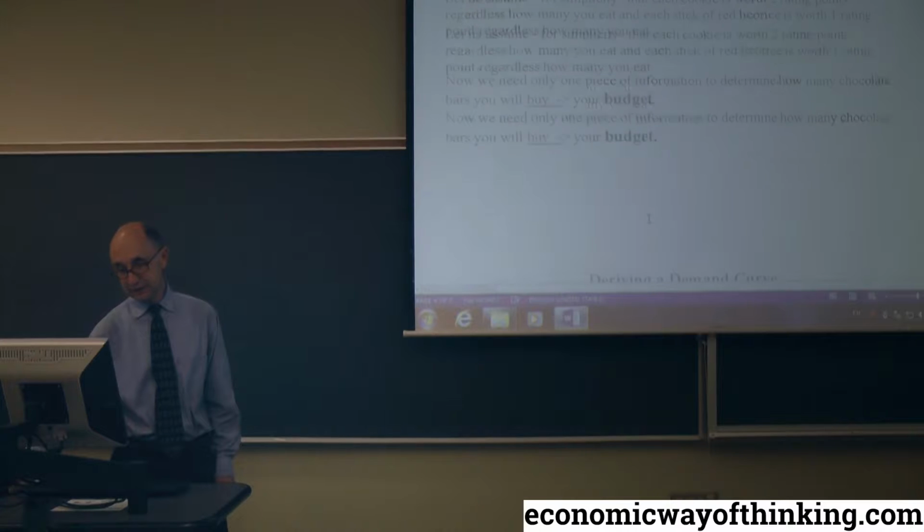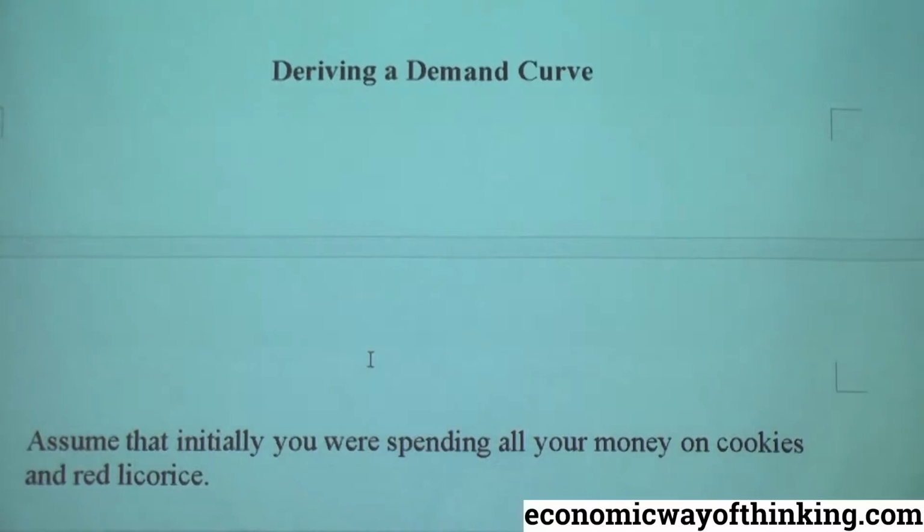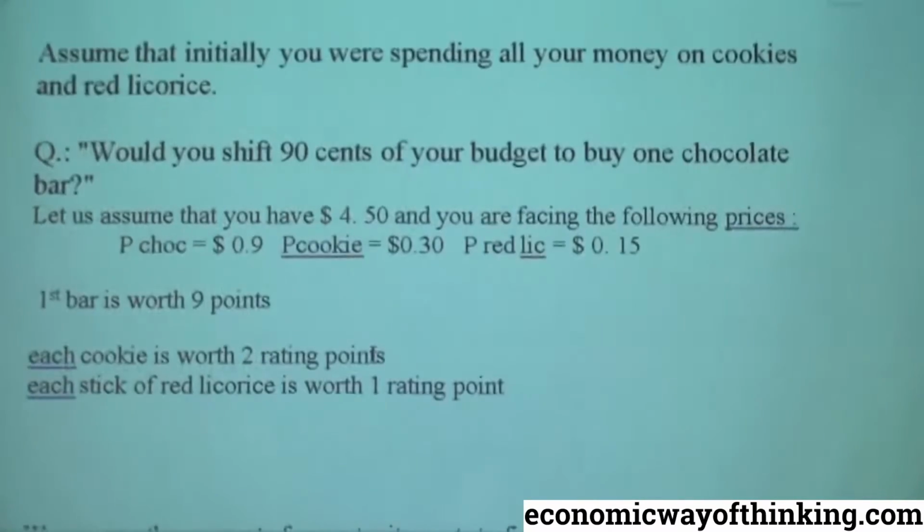So now let's complete the picture. You have $4.5 in your pocket, and these are the prices of goods. So I want to remind you that the first bar of chocolate is worth 9 points. Each cookie is worth 2 rating points, and each stick of red licorice is worth 1 rating point.